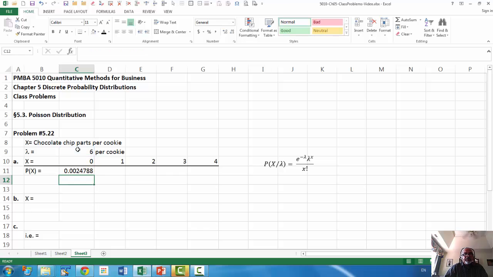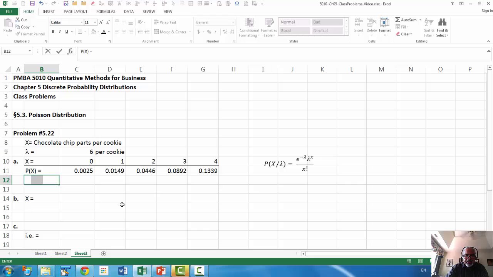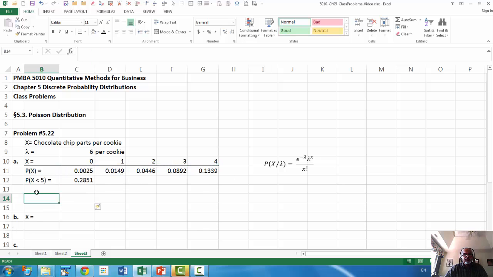Now that will give us the probability. Copy that all the way. Now we add all of that, so we find the sum. So probability of x less than 5, or less or equal to 4, is the sum of all of that.